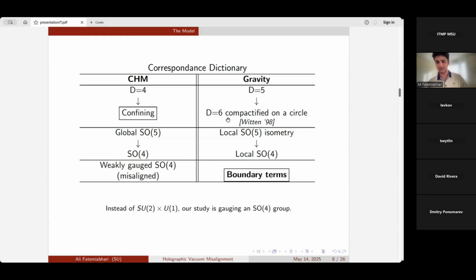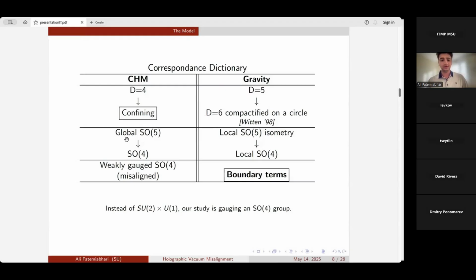This is a prescription given by Witten in the first days of AdS/CFT, and it produces a gravity dual to a field theory which has a mass gap, and it shows confining behavior when one calculates the expectation value of Wilson loops. And this is what we will do.